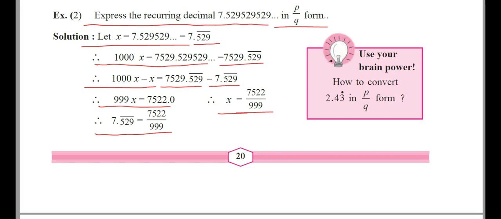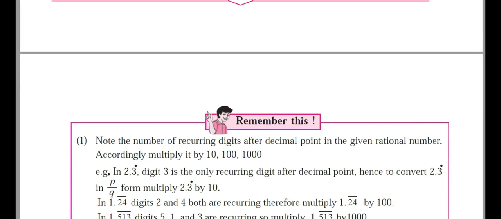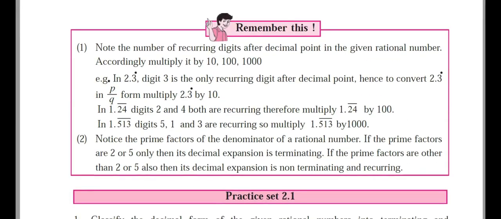You can also solve it this way. Note the number of recurring digits after the decimal point in the given rational number, and accordingly multiply by 10, 100 and so on.